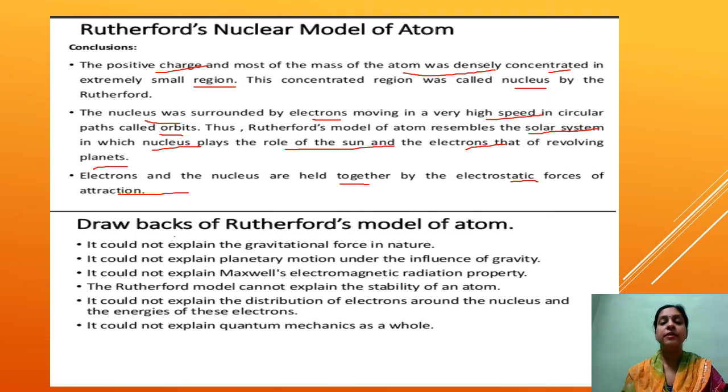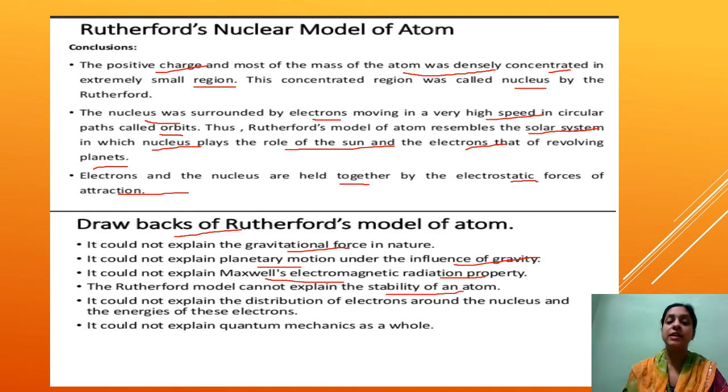Now the limitations of Rutherford's model. First, it could not explain the gravitational force in nature. Second, it could not explain planetary motion under the influence of gravity. Third, it was not able to explain Maxwell's electromagnetic radiation concept. It was also not able to explain the stability of an atom.